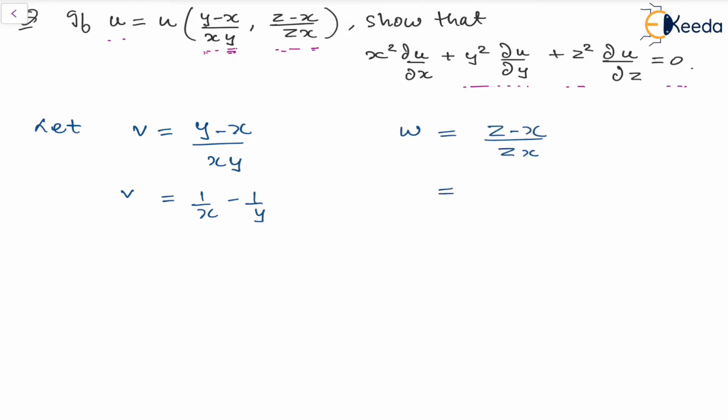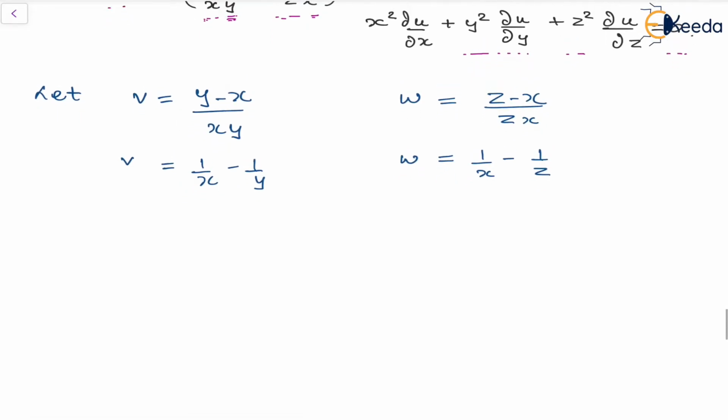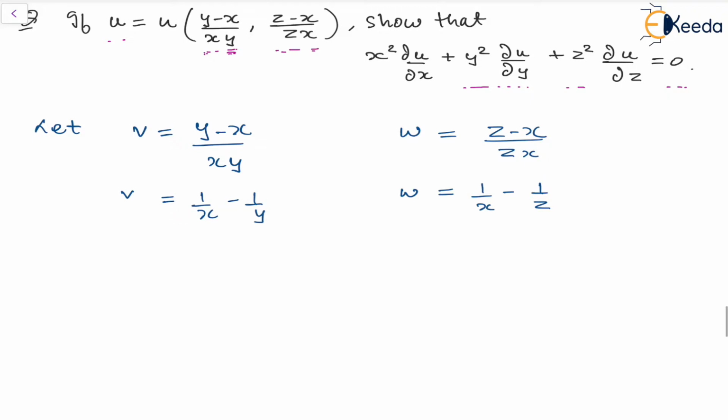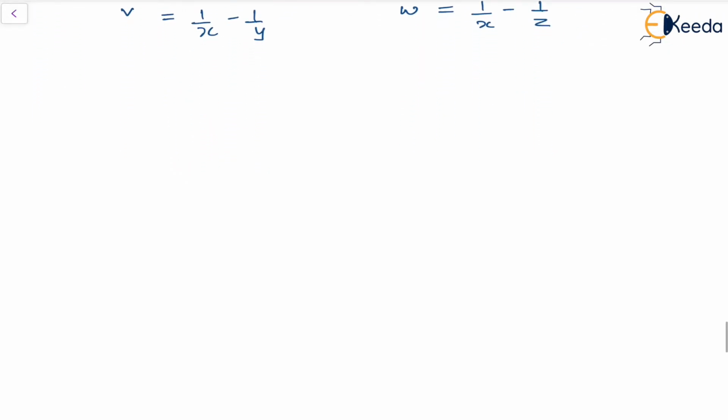This can be written as 1 by x minus 1 by z. So we are introducing two new variable inputs, and that is what the function depends on. So now you can say that u will be equal to u of v and w.